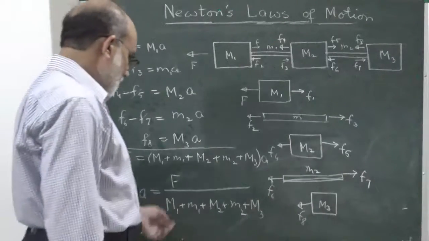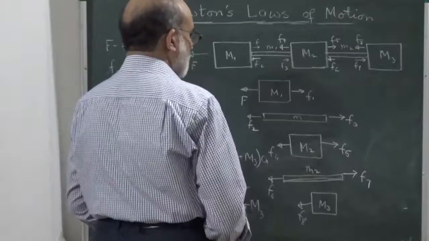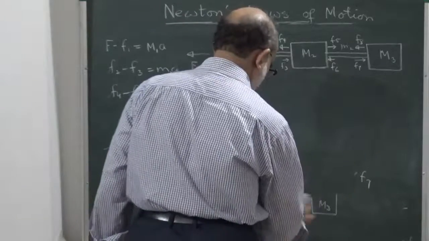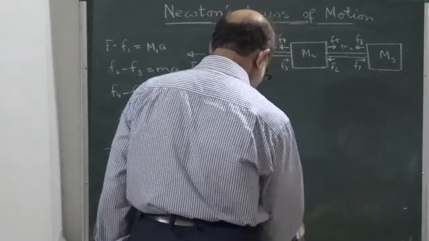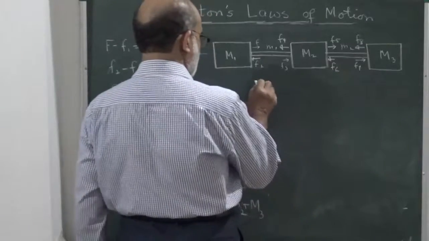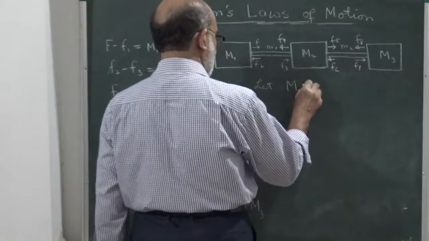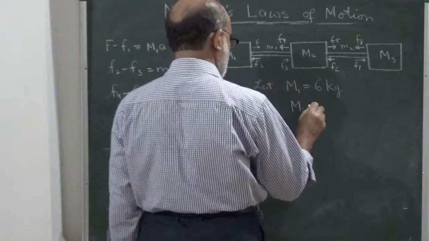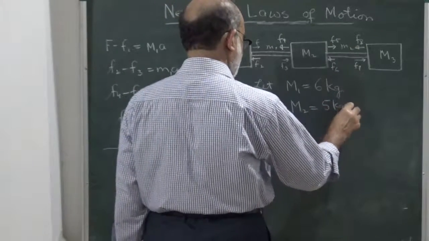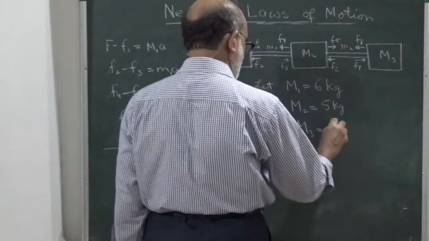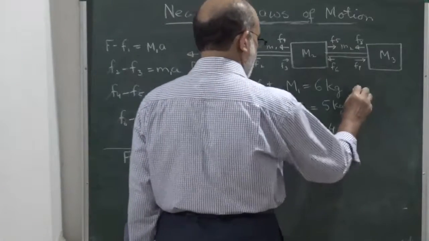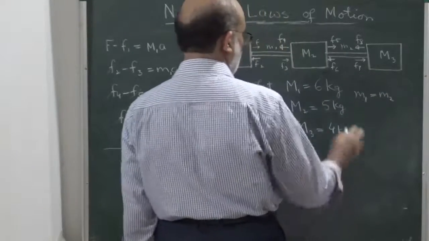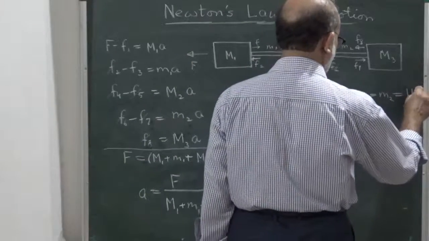Now if you put in numerical values, suppose the masses are: M1 is 6 kilogram, M2 is 5 kilogram, M3 is 4 kilogram, and both the ropes are of equal mass, 1 kilogram each.